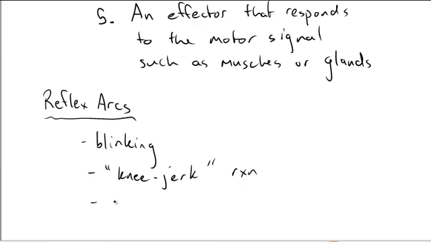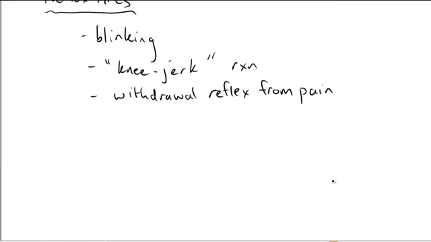And there is what's called the withdrawal reflex from pain. This involves a reflex arc that bypasses the brain, so you can pull your hand back, say, for example, if you're burning it, before too much damage is done.